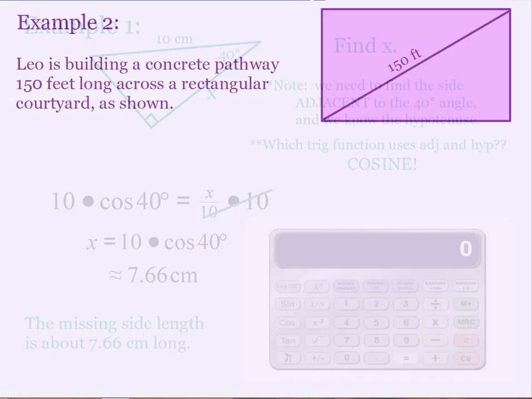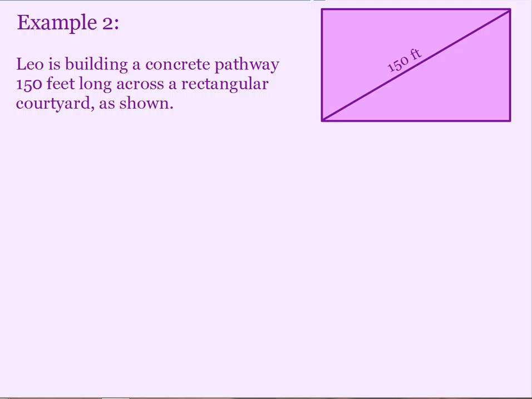Let's try another one. So Leo is building a concrete pathway 150 feet diagonally across a rectangular courtyard as shown. So this is my 150 feet sidewalk or pathway.